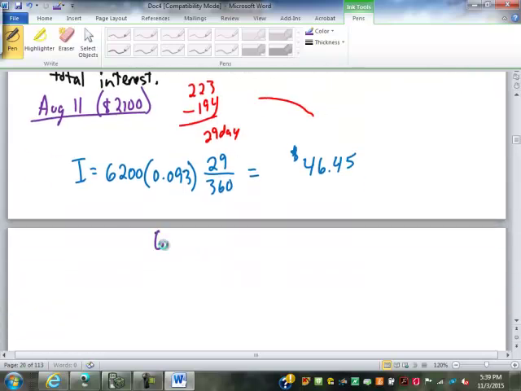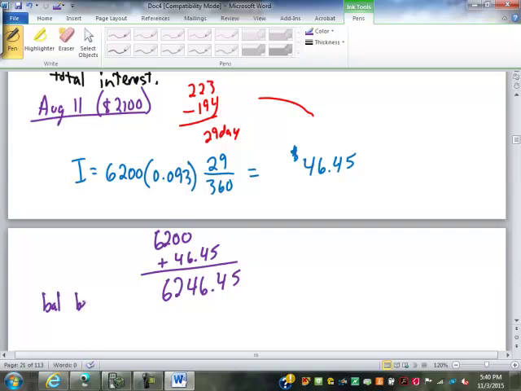So our balance before the payment, $6,200 plus $46.45 is $6,246.45. That is our balance before the payment.